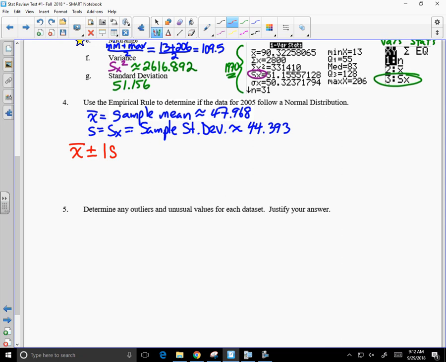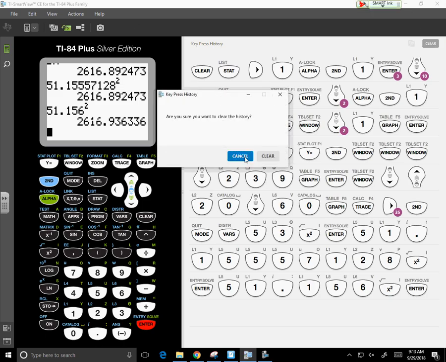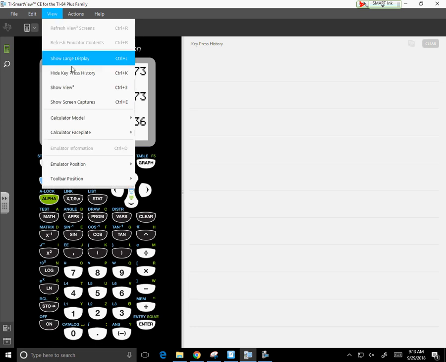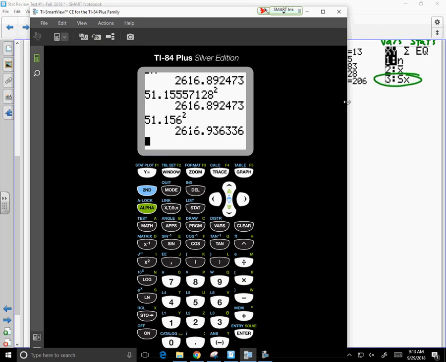All right. So what we're going to do is take our mean of 47.968 and do plus or minus 1 times whatever our standard deviation is, 44.393. Let's look at that in the calculator. This probably not necessary for now, so I'm going to hide it and minimize.